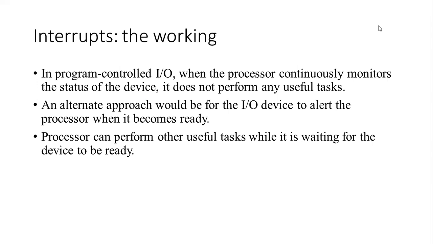Processor is waiting for some event from an input or output device, like the movement of the mouse or entry from the keyboard by the user. At that time, the processor is continuously checking the status of the input output device.